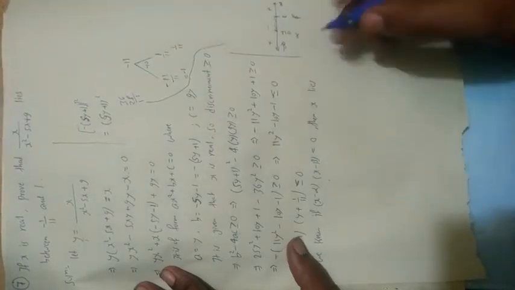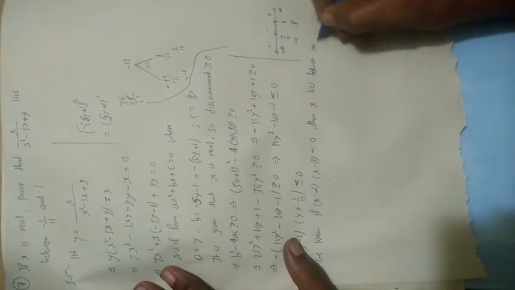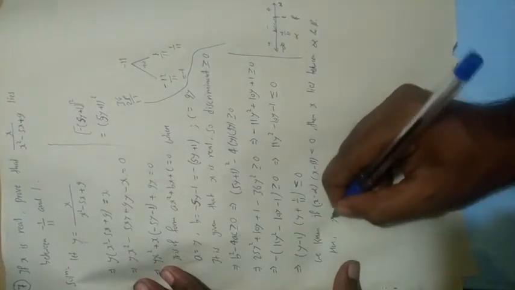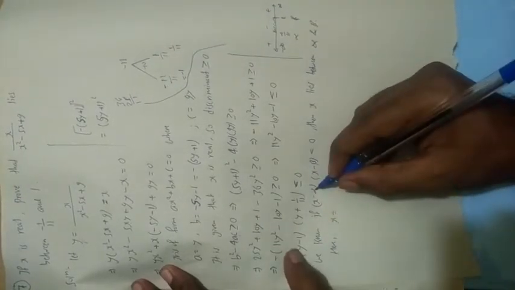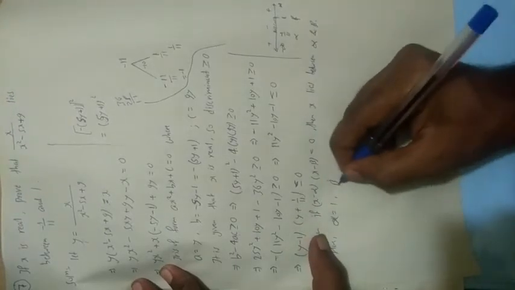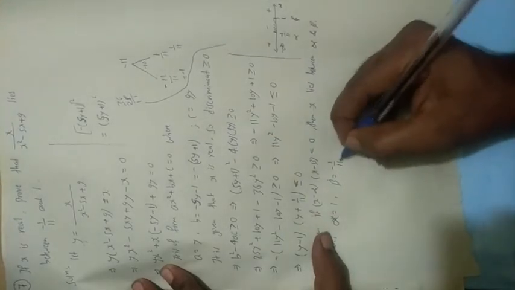So we can write here x lies between alpha and beta. So here alpha is equal to how much? 1, and beta is equal to, if I compare, this is minus, this is plus, so this will be minus 1 by 11. This is minus 1 by 11, okay.